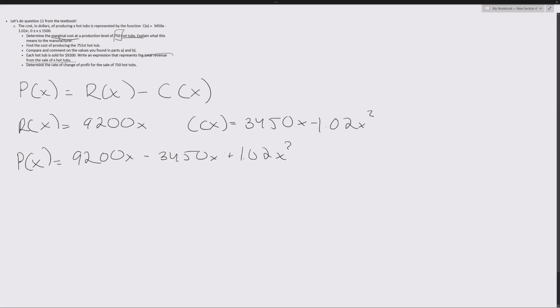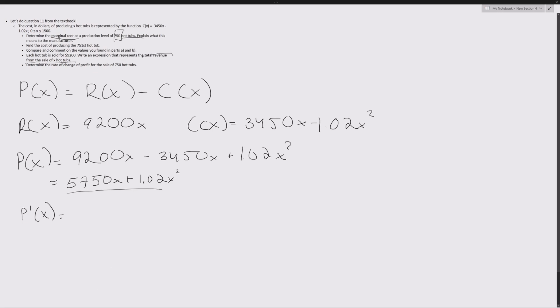So now we have this. We could combine the first two terms, right? Because they only have a single x. So if we do that, we get 5,750x plus 1.02x squared. We were asked to find the rate of change of profit, which would mean that we need to find P prime of x. Luckily for us, this equation here is very, very simple.